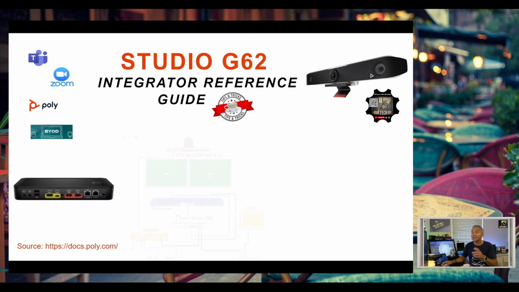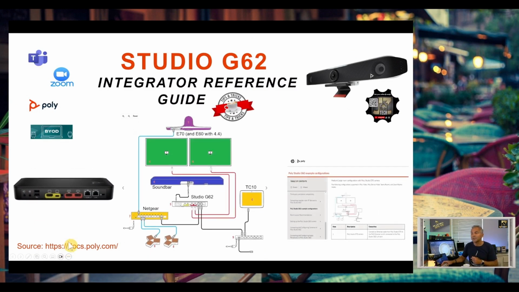Again, the integrator reference guide has some great examples. Here you see the Netgear switch, which is connected up to the E70. We have 2 IP table mics connected to the Netgear, all connected up to the G62 to the LAN port, and we have the other cable going out to the corporate network where your TC10 is connected.